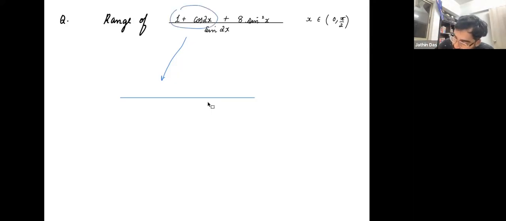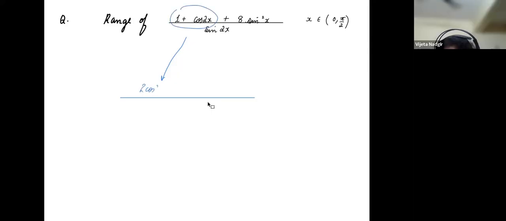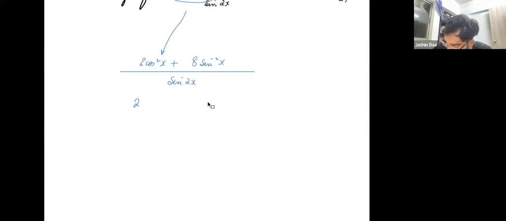So 1 plus cos 2x, did you write it as 2 cos square x? So 2 plus 6 sin square x by sin 2x. This you can write as 2 sin cos. So 1 by sin x cos x plus 3 tan x.